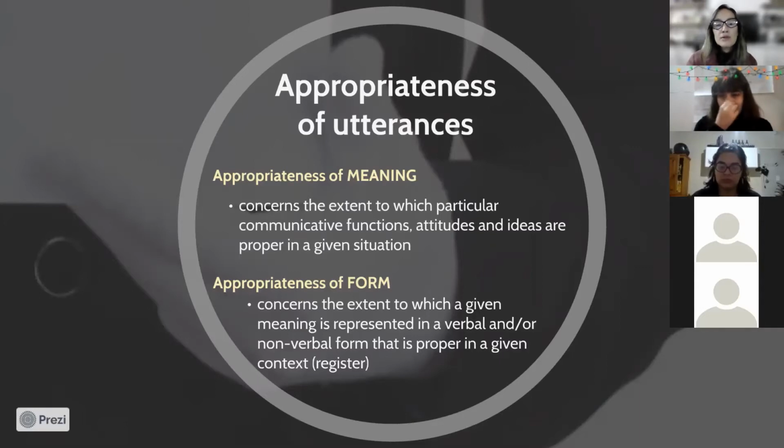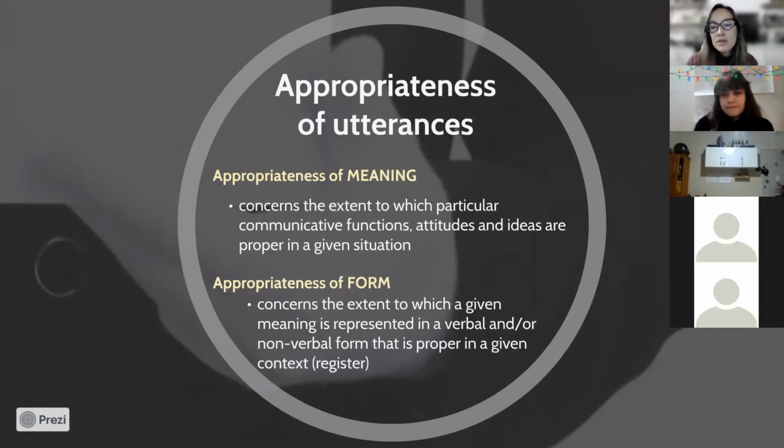And then we will also have to take into account not only appropriateness of meaning, right? If the meaning in the functions and language I choose is okay for a specific situation, but also the appropriateness of form, okay? So in this case, we're going to take into account if a given meaning is represented in a verbal and or non-verbal form that is proper in a given context.